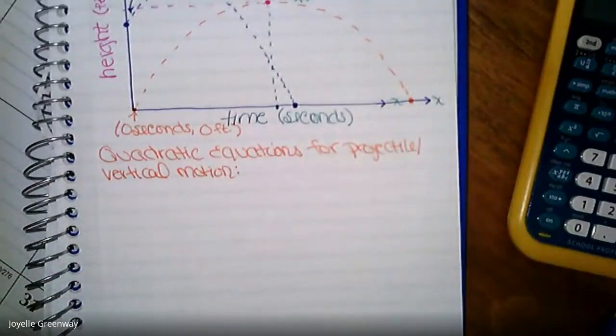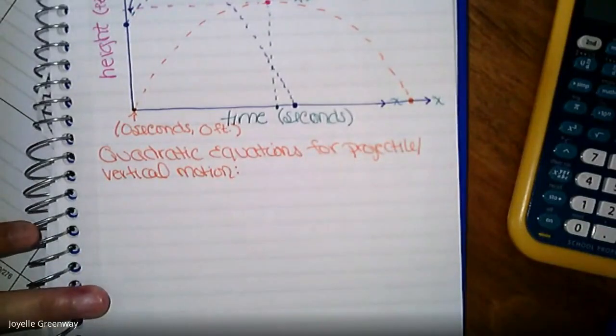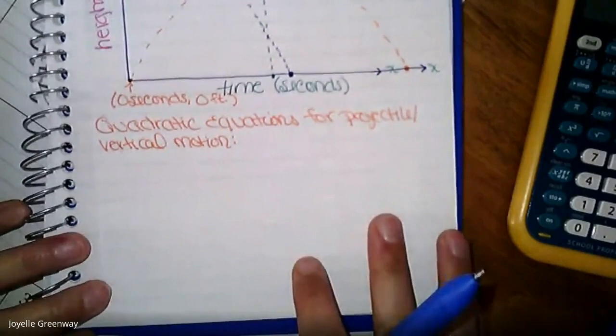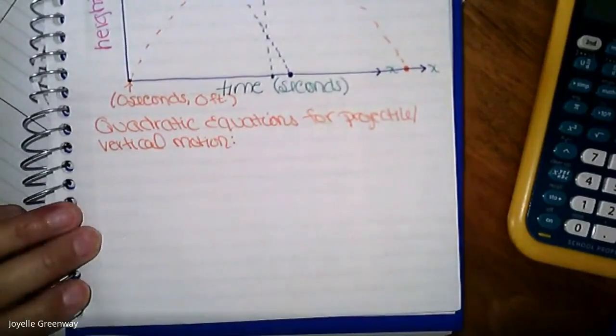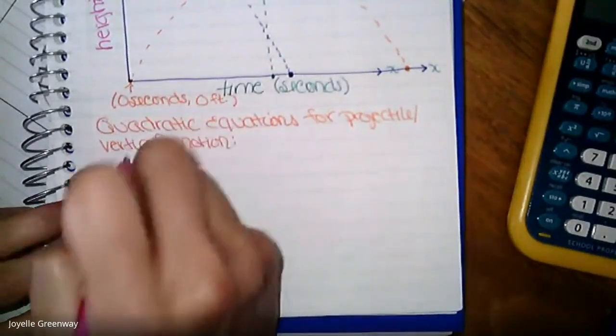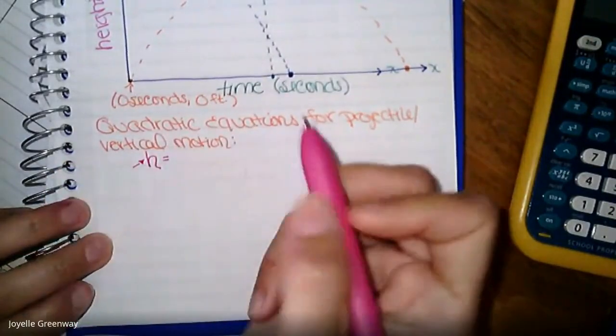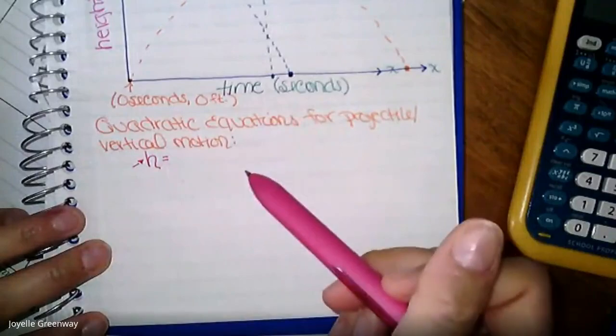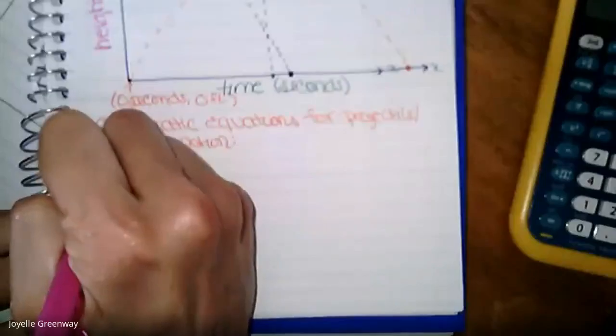So what those equations look like is H is equal to, and remember, H is like saying Y equals, right? So this is your height.